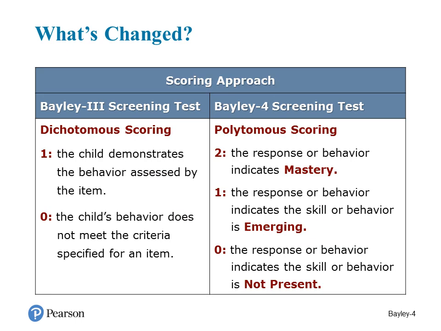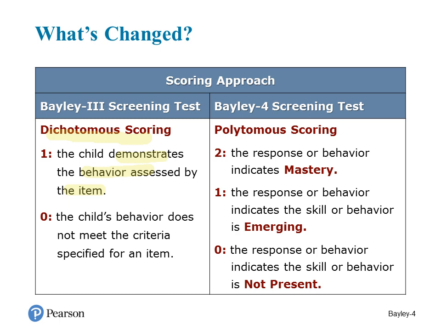Another change is in terms of scoring. Now, those of you who are familiar with the Bayley-4 Screening Test or with the Bayley-3 know that the scoring for the items on those 5 subtests, cognitive, receptive and expressive communication, fine motor, and gross motor, effectively was dichotomous. So we would score the item 1 if the child demonstrated the behavior assessed by the item, if the behavior met the specified criteria.